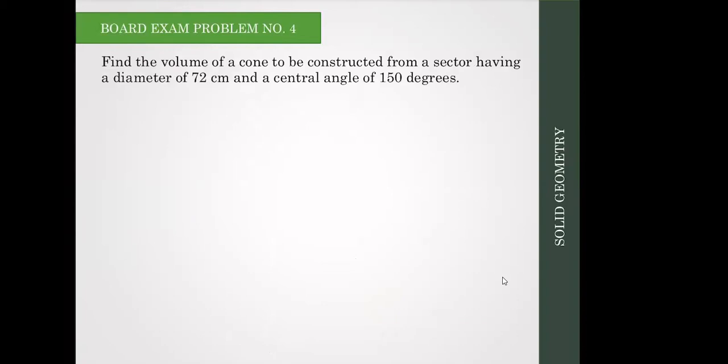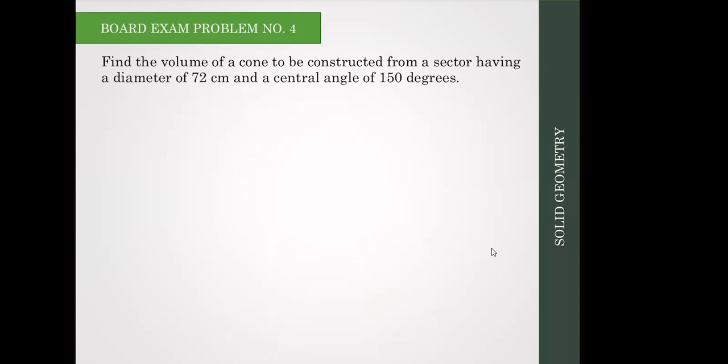Find the volume of a cone to be constructed from a sector having a diameter of 72 centimeter and a central angle of 150 degrees. Okay, find the volume of a cone to be constructed from a sector.